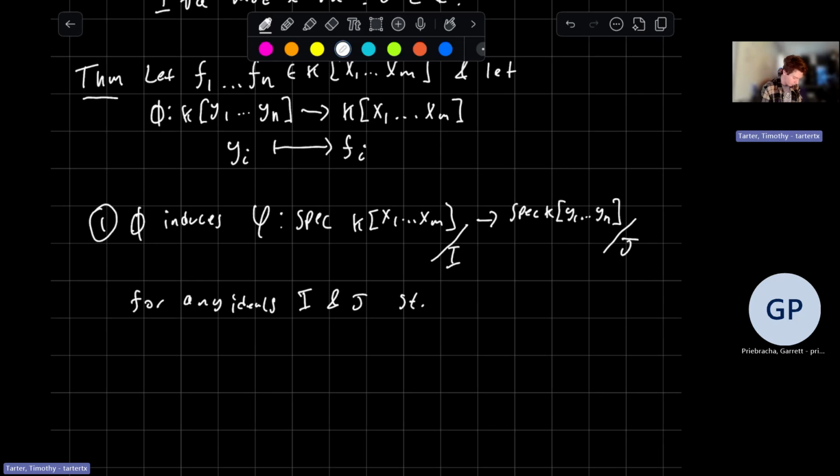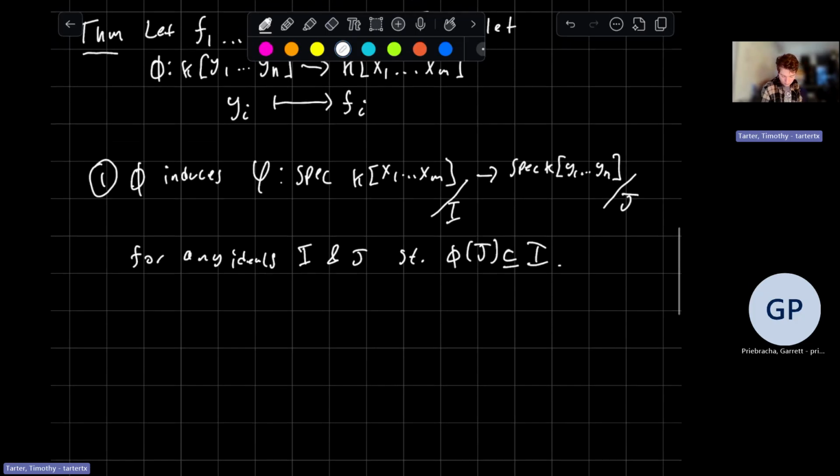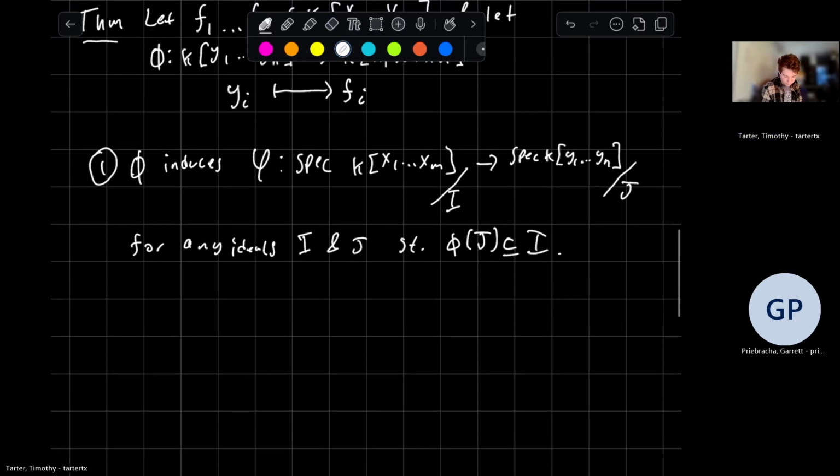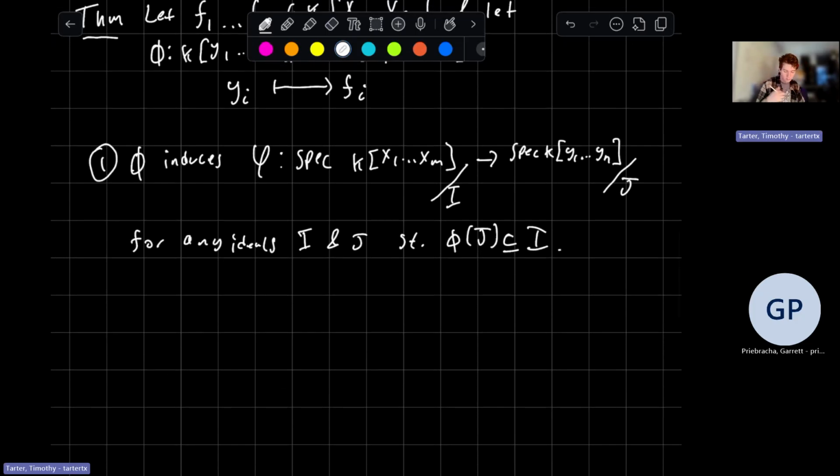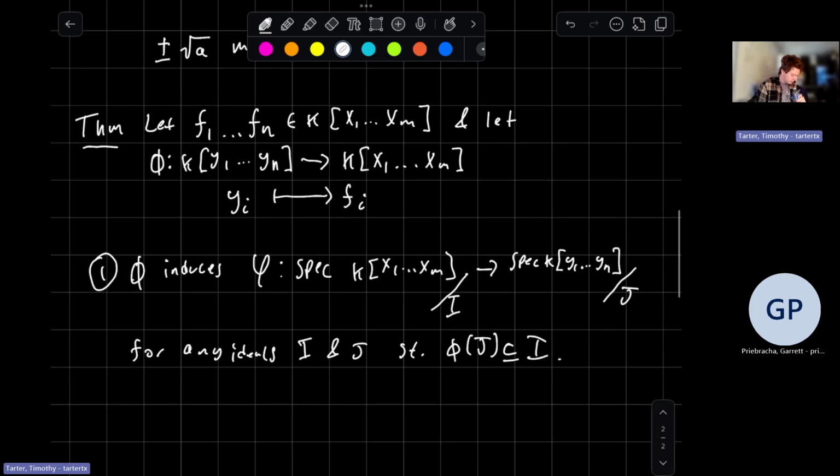I'm talking through the first part of this theorem.